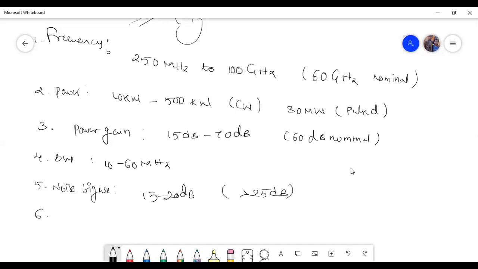And finally, theoretical efficiency. Theoretical efficiency is 58%, and 30 to 40% nominal. So these are the performance characteristics of the two cavity Klystron amplifier.